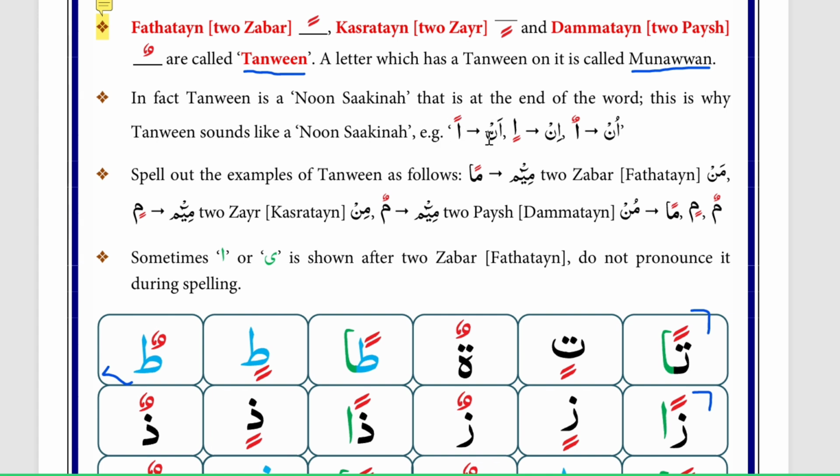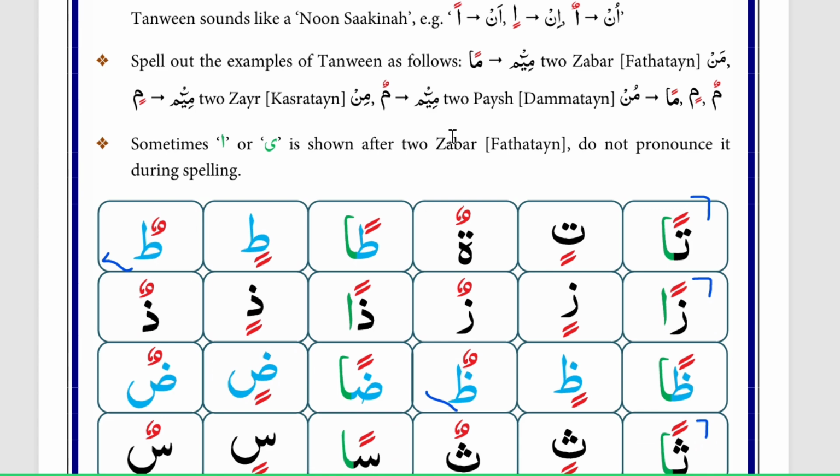Both forms have the same sound, although they are different in form. If you want to replace this noon sakina, you can replace it with tanween. So you can say tanween is actually a replacement of noon sakina.